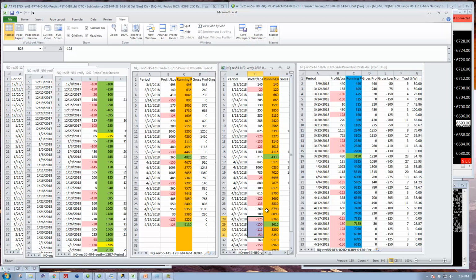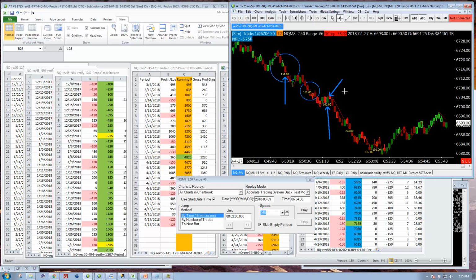I think there's one more thing to investigate here. What it does now is exactly what I described here, where it says the next bar has to be a bar in the direction of the signal.